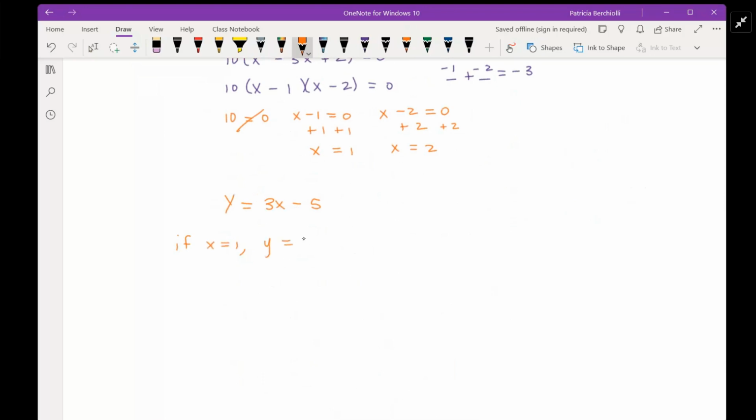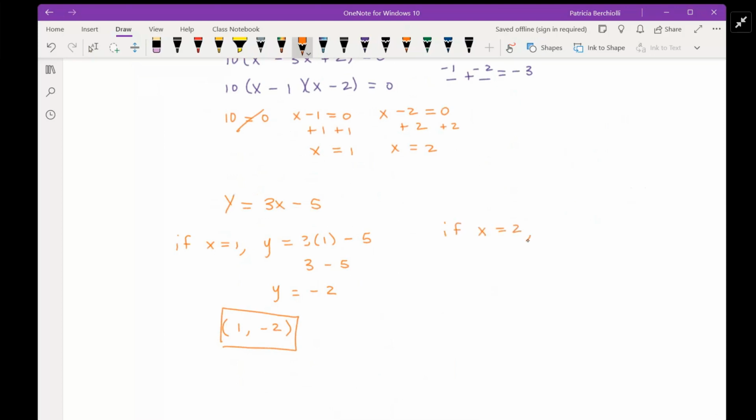We get y equals 3 times 1 minus 5. 3 times 1 is 3, and minus 5 will give negative 2. So the ordered pair (1, negative 2) satisfies the system, but also let's now plug in the 2.